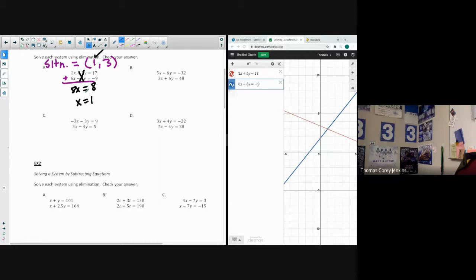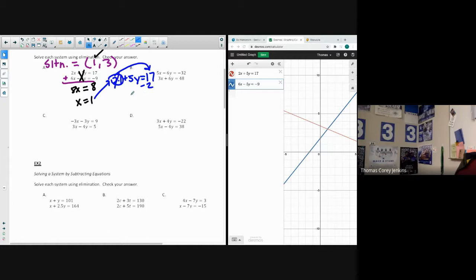Step 2 is the exact same as it is in substitution. We can use our first variable to find our second variable. In other words, we can sub in 1 for x in either equation, and that should give me 3 for y. So let's just sub into this top equation. We have 2 times 1 instead of 2 times x, plus 5 times y equal to 17. So this is just equal to 2, so I'm going to subtract 2 from both sides.